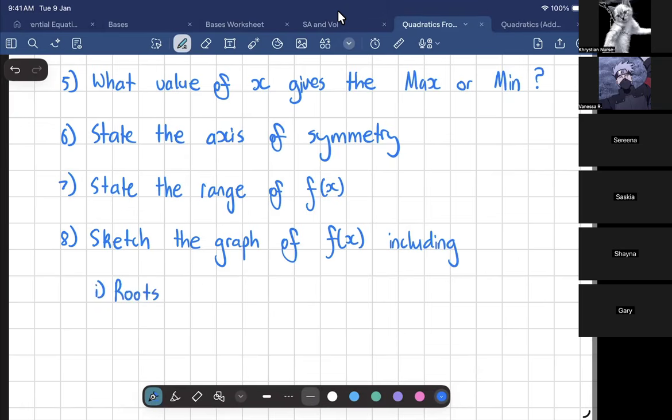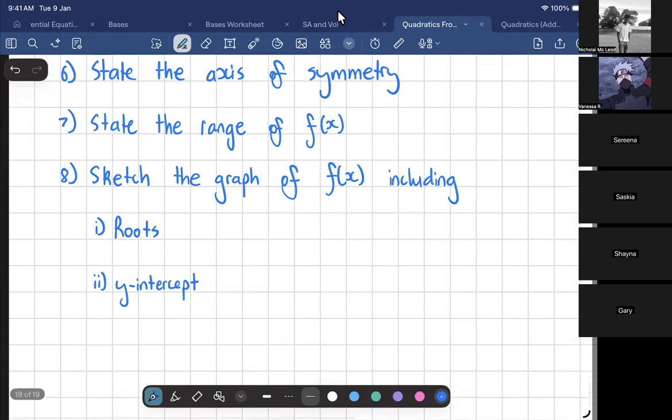Remind me, guys, the roots is just another name for what? The x-intercept. Great. I want you to tell me where the roots are. I want you to tell me where the y-intercept is.